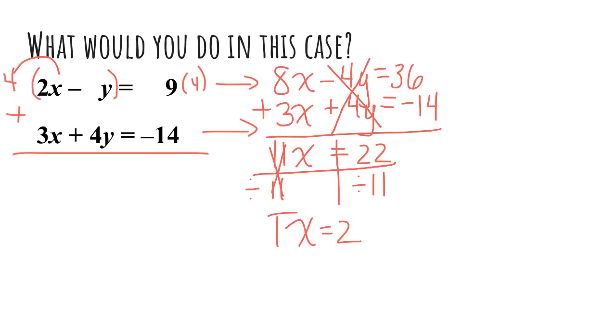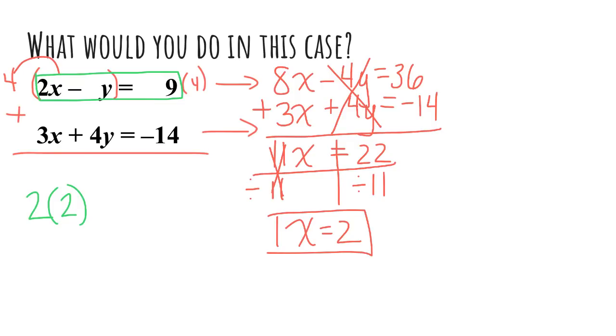Once I know half of my ordered pair, I can figure out the other half. I'm going to go back to the original, not the new and improved, but the original one, where I had 2 times x, and we think x is 2, so I'm going to plug that in, minus y equals 9. Well, that would be 4 minus our number is 9.